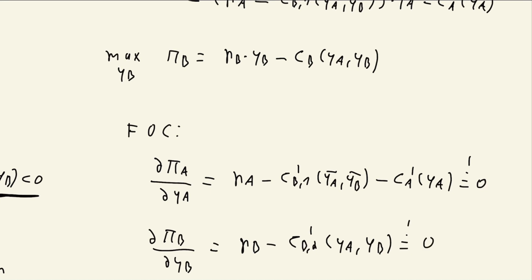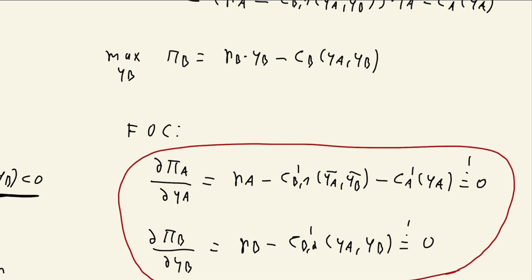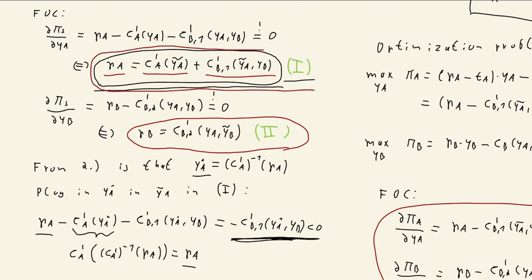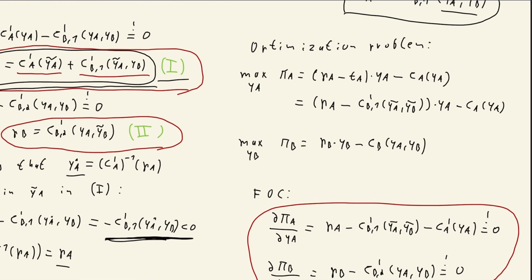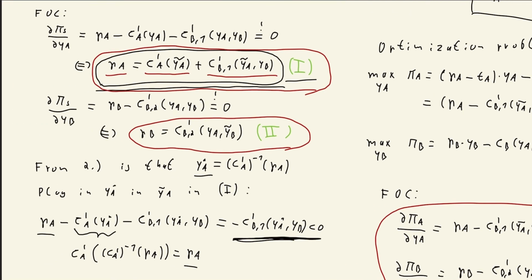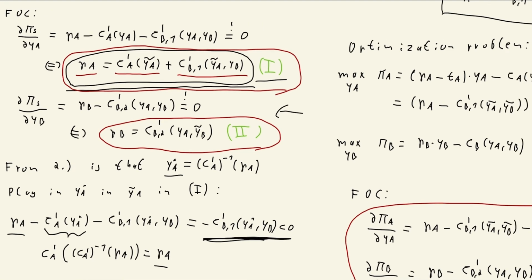And now if you take a close look, the set of first order conditions which we have here is equivalent to the set of first order conditions that we had in sub exercise 2, where we talked about the social optimum. As a consequence, any tuple of YA and YB which fulfills those two first order conditions is one which fulfills the first order conditions in the social optimum.